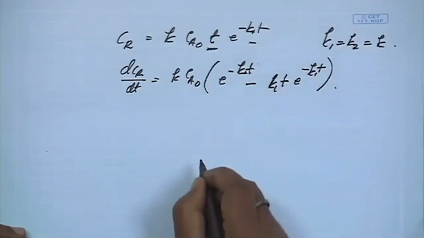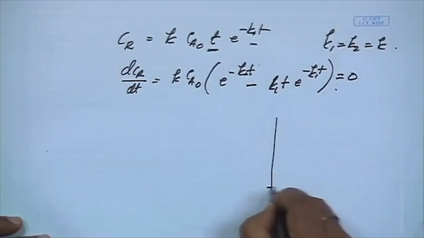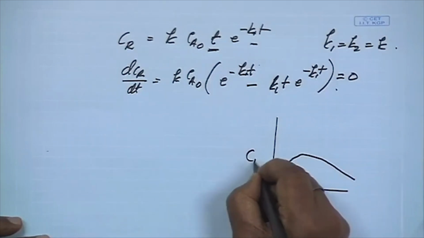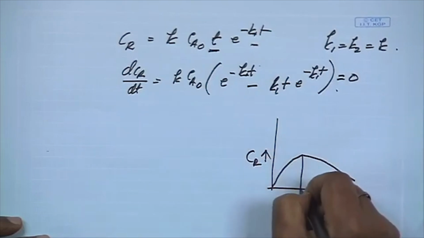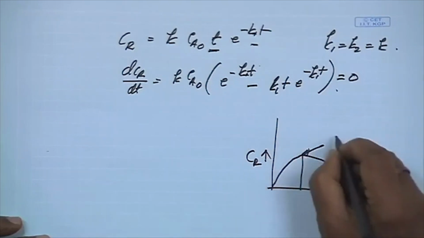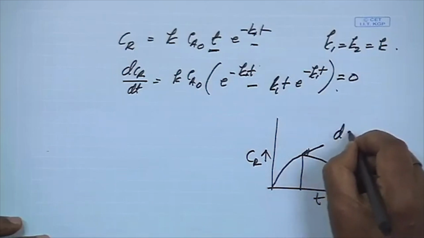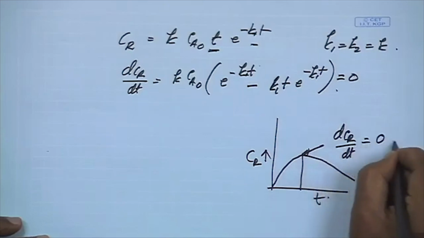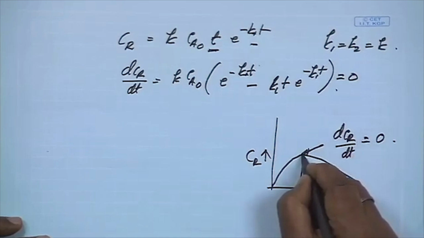This is equal to 0, because if you look here, dCr by dt at t max is the rate of formation of Cr, and that should be equal to 0 under steady state.